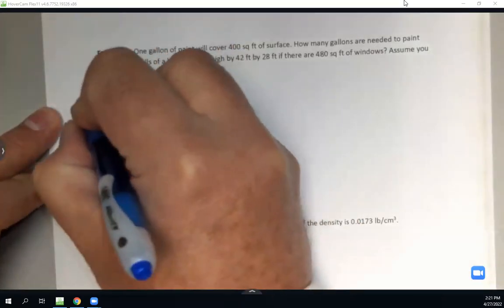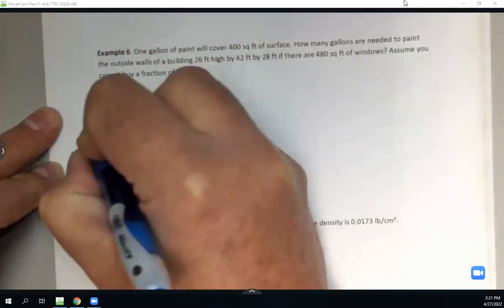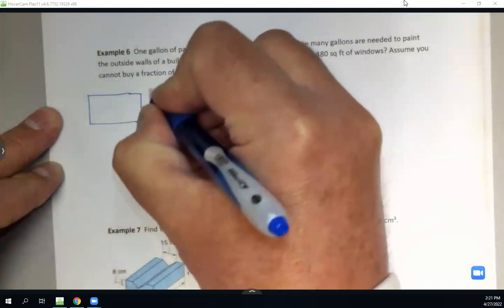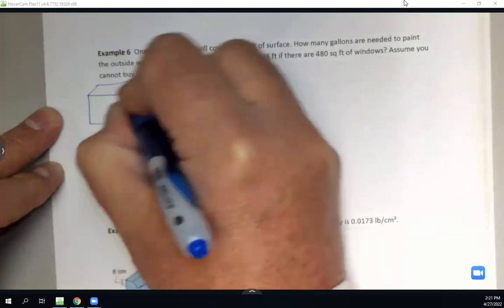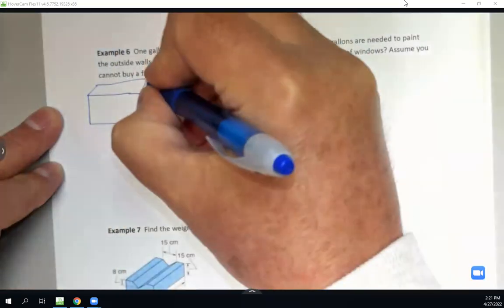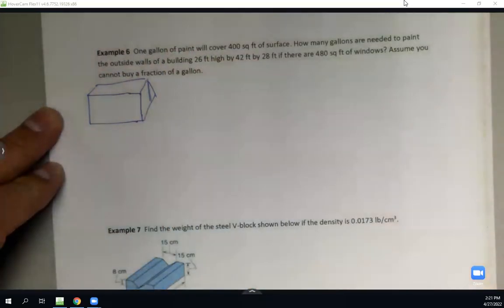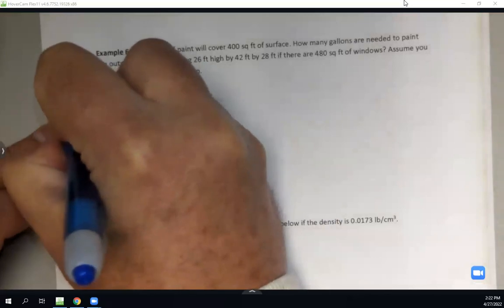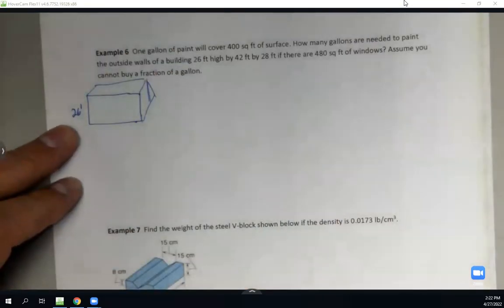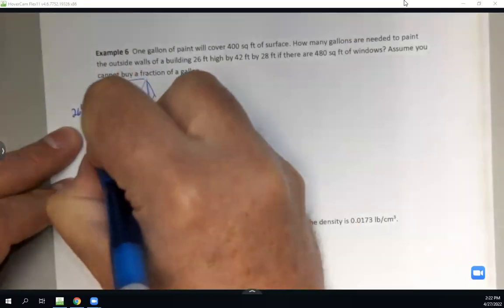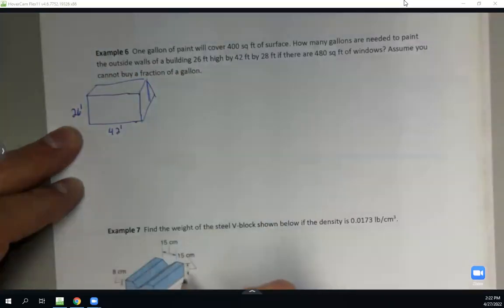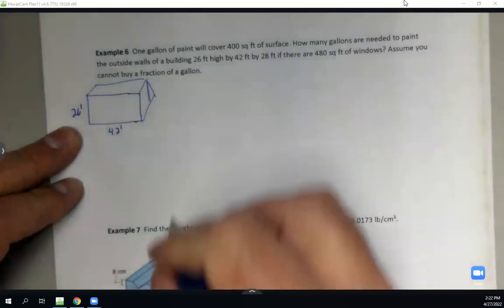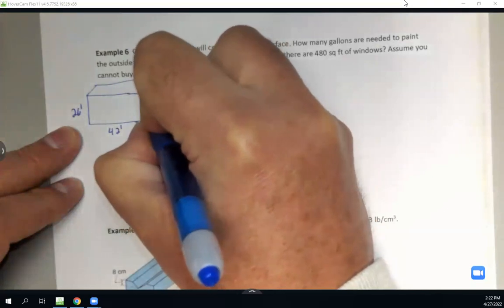So picture that. Like, here's our building. My picture is not the best in the world, but here's our building. So it is, again, 26 feet high. And the building is like 42 feet long and 28 feet wide.